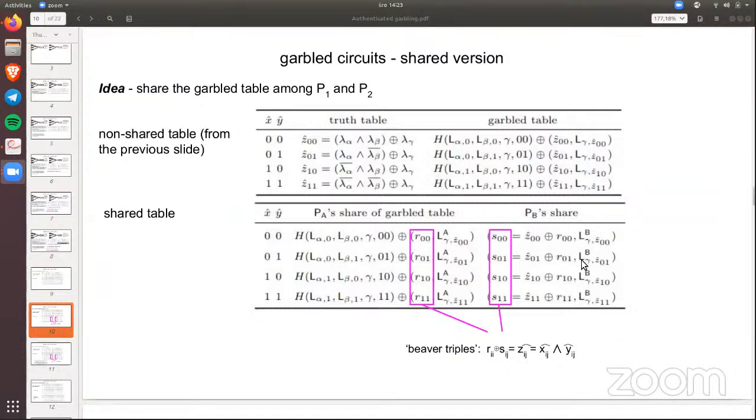Hence, even if he does corrupt a given row, there will be some chance that the evaluator will have to abort, but it will not give any information to the Garbler because he will not know the specific conditions in which the abort happens. So this is slightly informal.